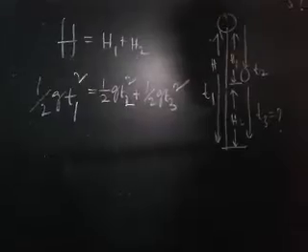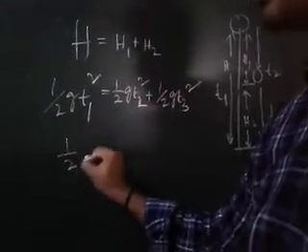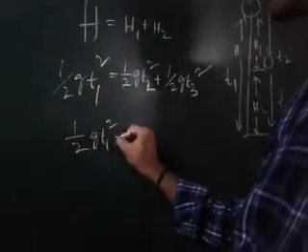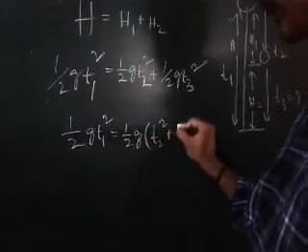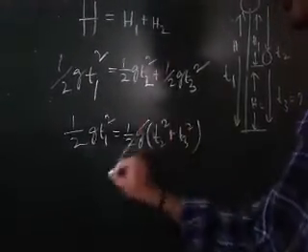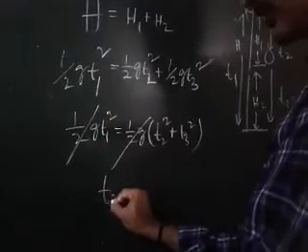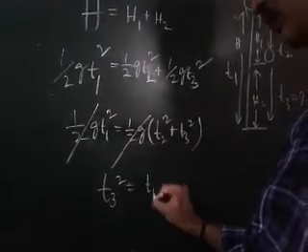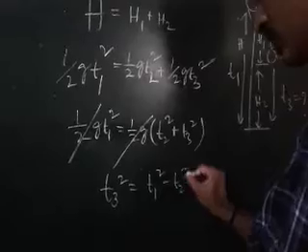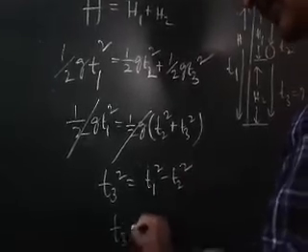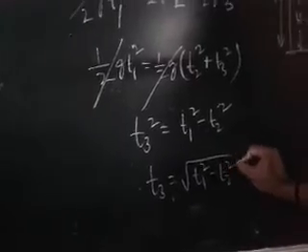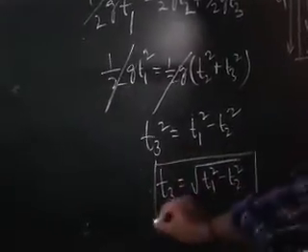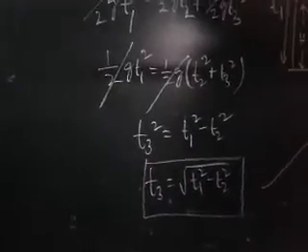So half g t1 square is equal to half g, taking it common, t2 square plus t3 square. The half g gets cancelled, so t3 square is equal to t1 square minus t2 square. Therefore t3 is equal to root over t1 square minus t2 square. This is the further time taken.